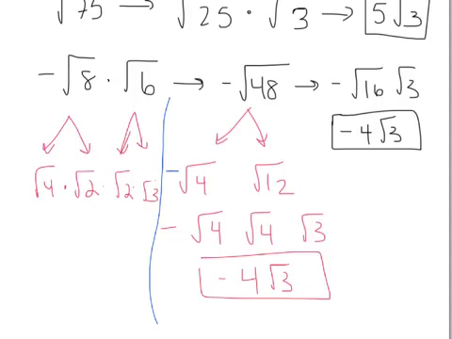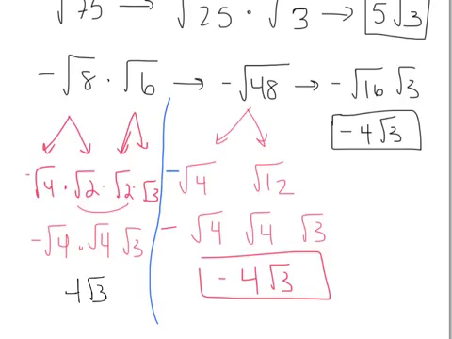You could break it into root 2 and root 3, and what we'll end up noticing now is that we have the root 4 here in the front, but then there's these two root 2's right here. So when you multiply those, that's going to be root 4 still. This becomes root 4, and then root 3, which at this point is the same line as this. Still giving us 4 root 3, with a negative out in front.